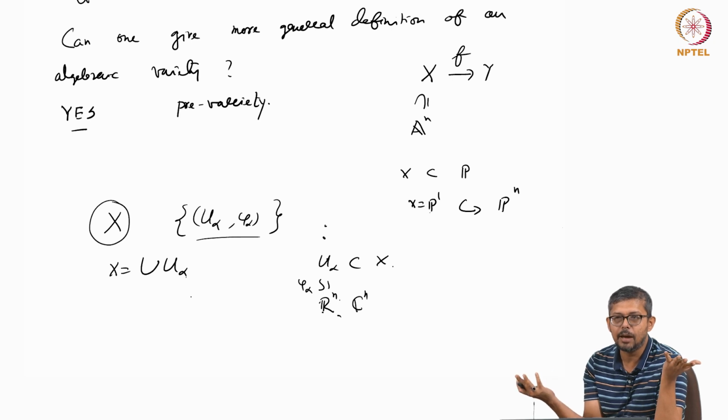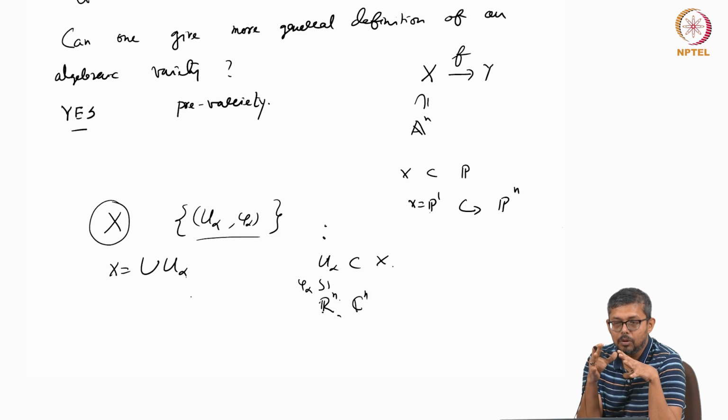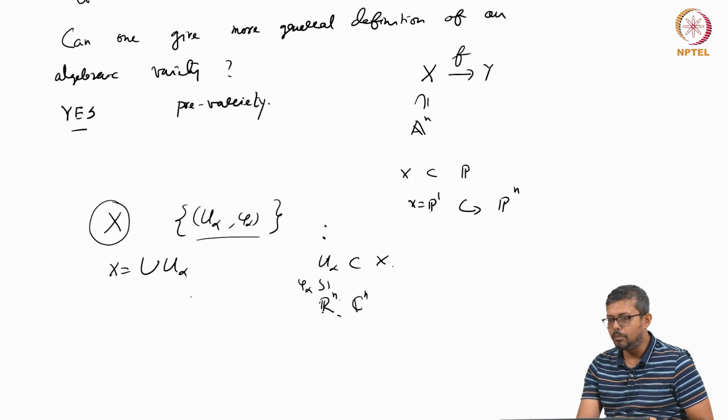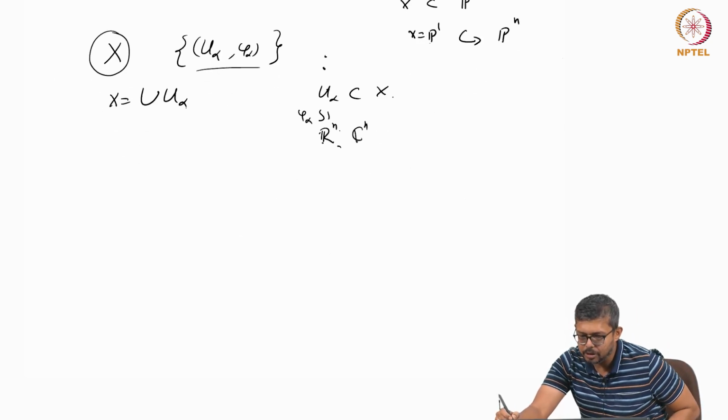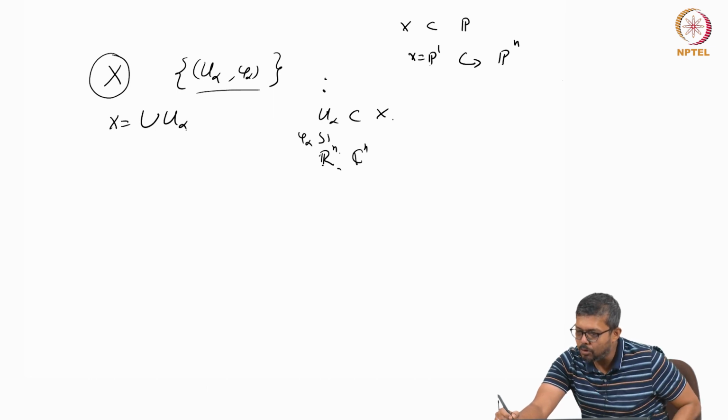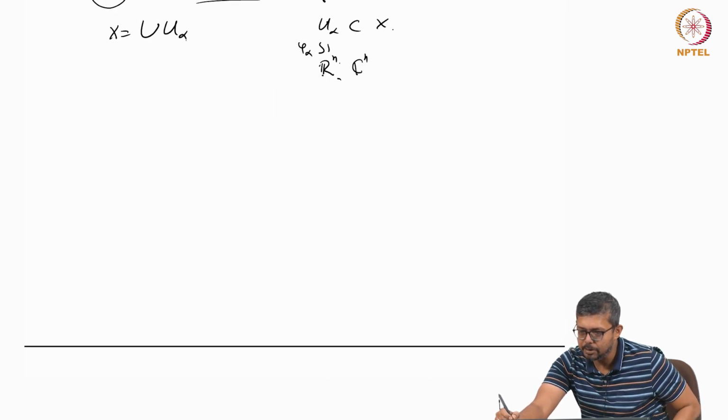So that is a very abstract definition. So the abstract variety locally looks like an affine variety, and you need to glue these affine varieties. So you need to know that's the sheaf data. Okay, so this is the motivation to introduce sheaf theory, because you want to define more generally what an algebraic variety is.